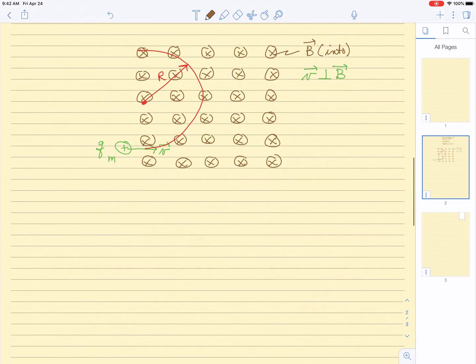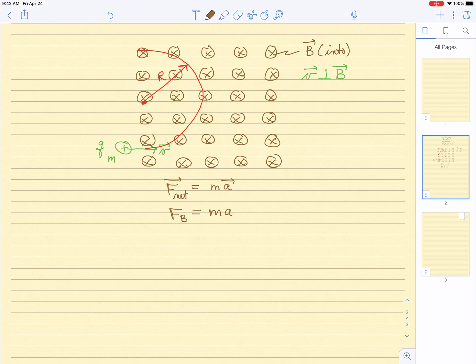So we go to Newton's second law. F net is equal to object's mass times its acceleration. The only significant force is going to be the magnetic force. The acceleration, by virtue of this charged particle being in circular motion, is radial in nature.